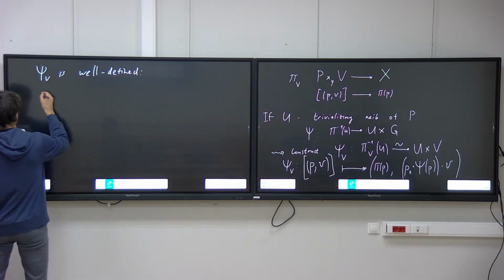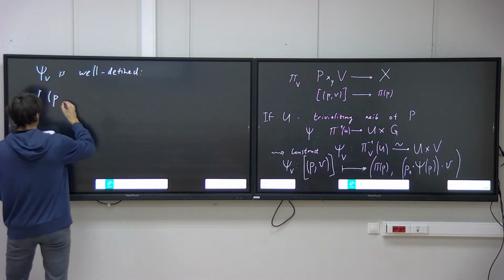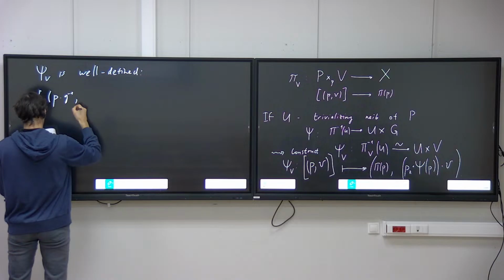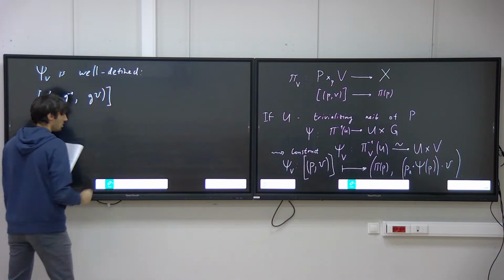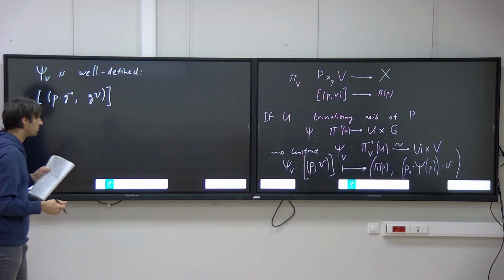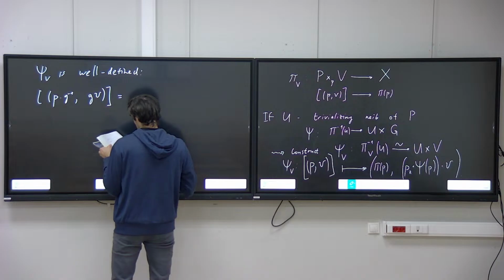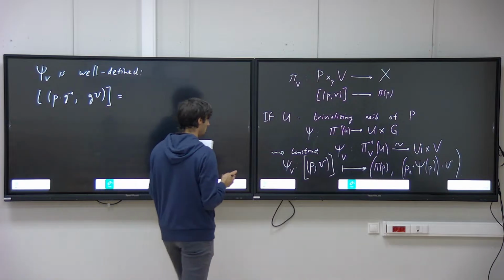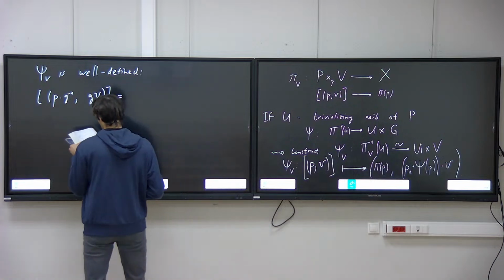If I take some other representative of a class, say (p·g inverse, gv), well, just according to the definition, this should be what?